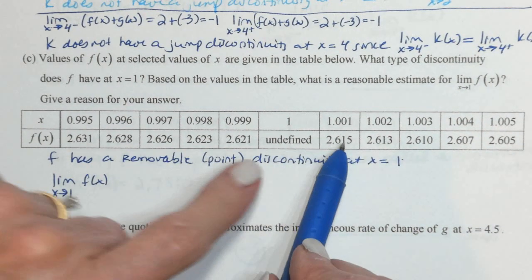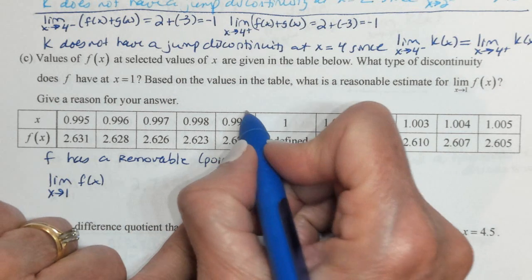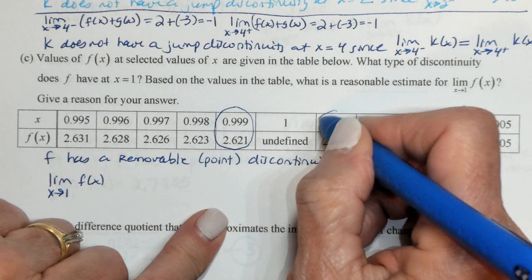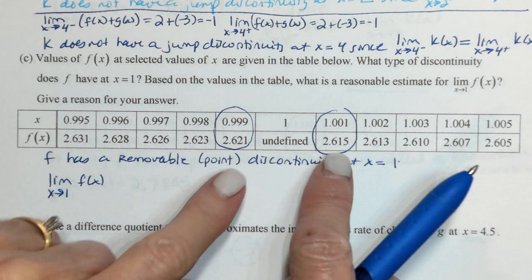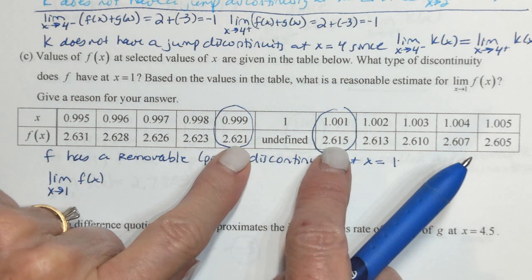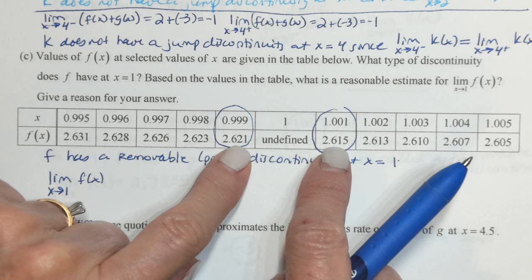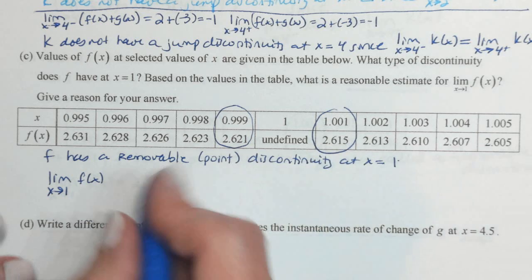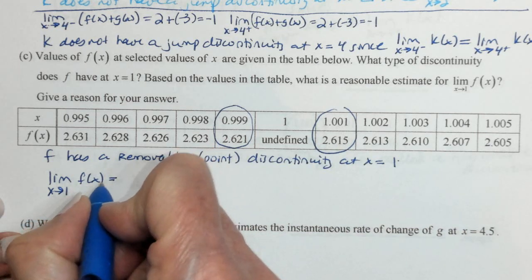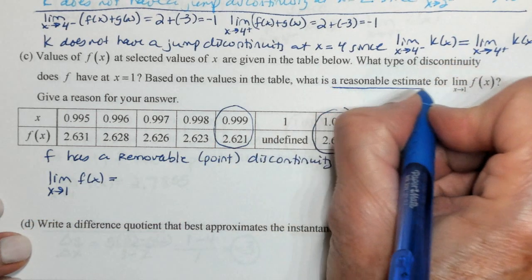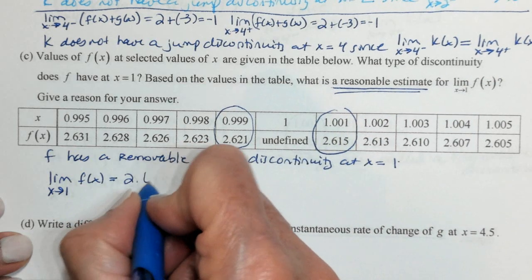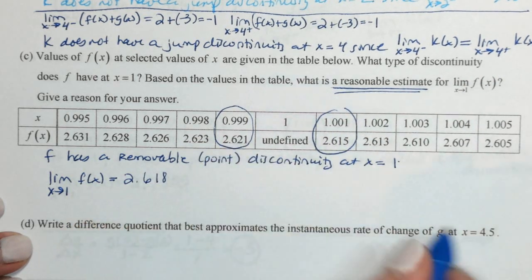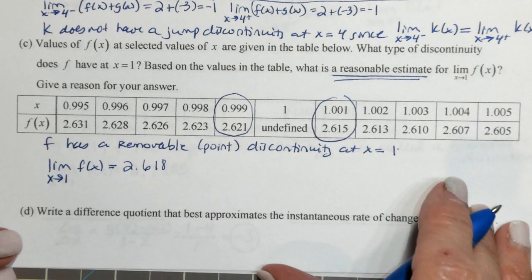So right here, surrounding x equal to 1 at very, very close points, we have these y values. So I would pick the y value that is in between those. I would say a reasonable estimate would be halfway in between those. So 2.618 would be halfway in between those.